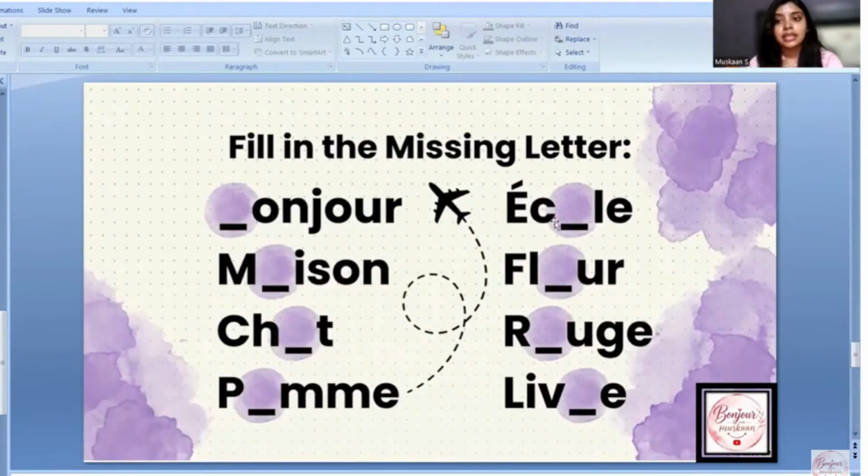Fifth is école. Then fleur, rouge, and the last one is livre.